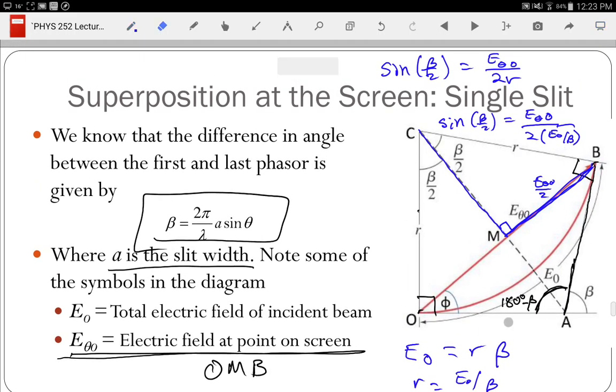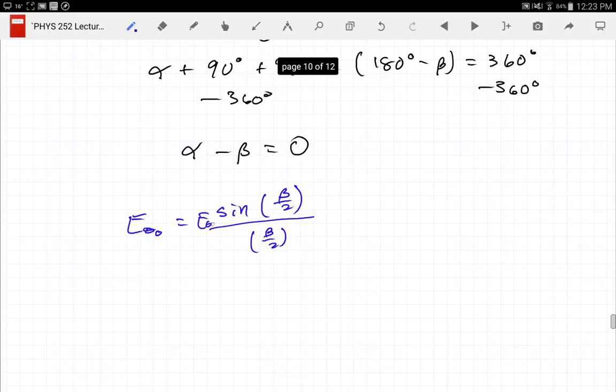I have E0, yep. That's a 0 right there. So my electric field at some point at an angle theta is equal to the total electric field that comes through the slit times sine of beta over 2 divided by beta over 2.